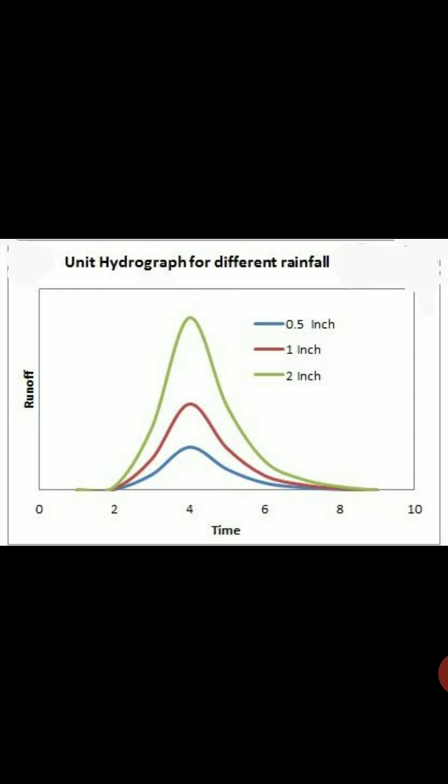Derivation of unit hydrograph. On the screen, you can see there are three types of curve. This is an example. The first color, blue, shows the rainfall intensity is 0.5 inch. The unit is inch.